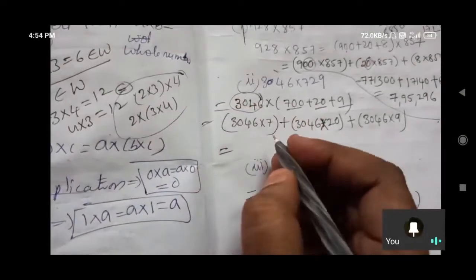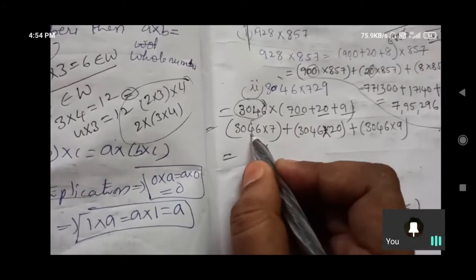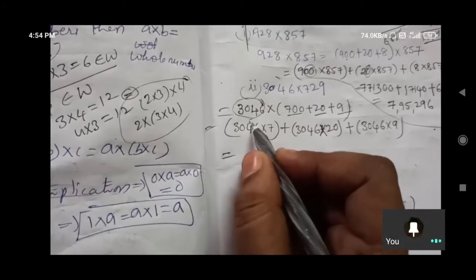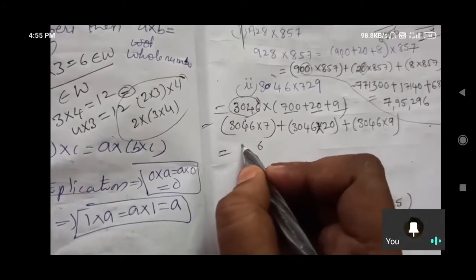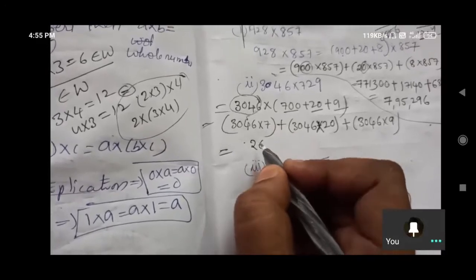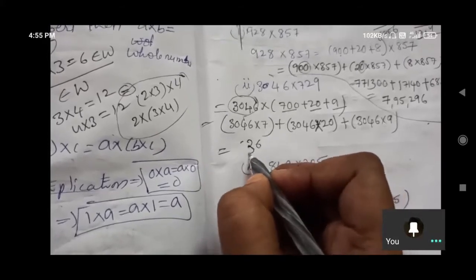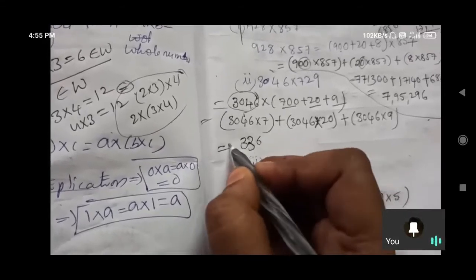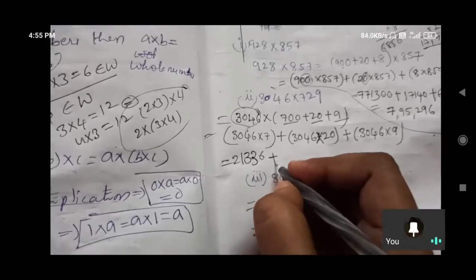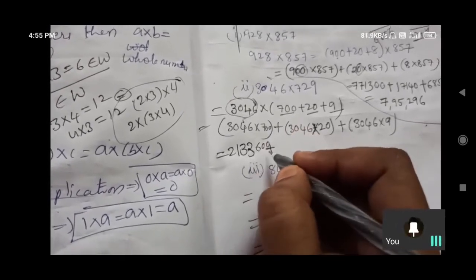So here we have to do 7 6s are 56. Yes, 7 6s are 56. 7 4s are how much? 28 plus 5, 33. And 7 3s are 21. Plus, here also we have to do 700, right? So 2 zeros we have to keep.